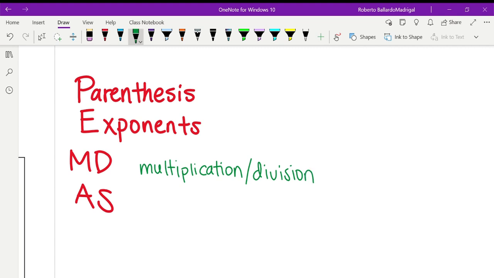However, you don't have to stick with multiplication first. So there's a trick here with the last two, with multiplication and division, addition and subtraction. It's whichever of these come first. So when you read an operation, you're reading it from left to right like you would read a book. If division comes first, then you solve division. If multiplication comes first, then you do that.